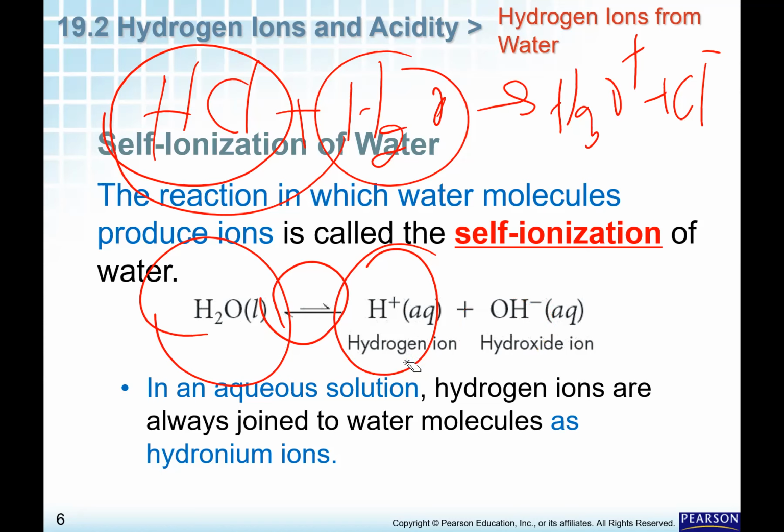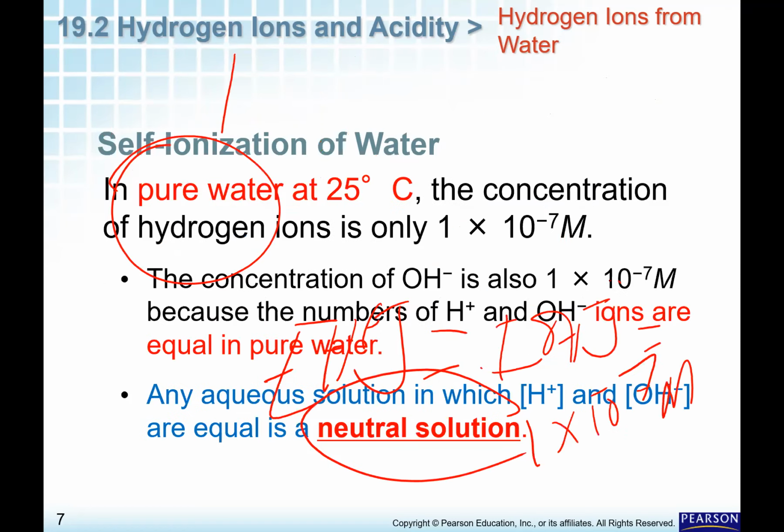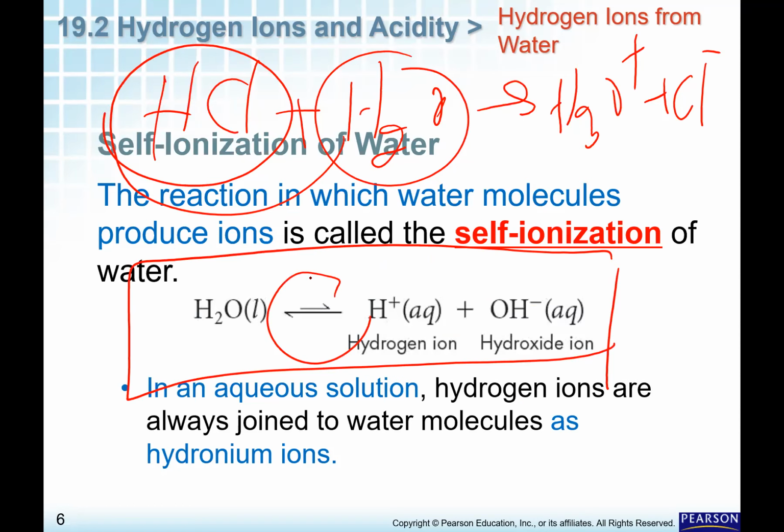This means that when we have water ionizing into H plus and OH minus, in equilibrium, all of them, water, H plus and OH minus, exist at the same time.